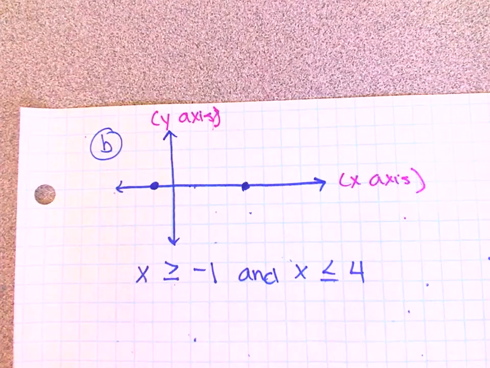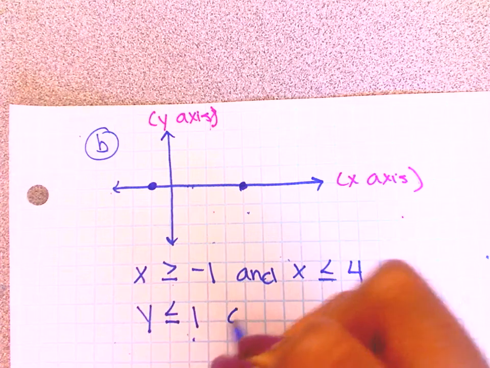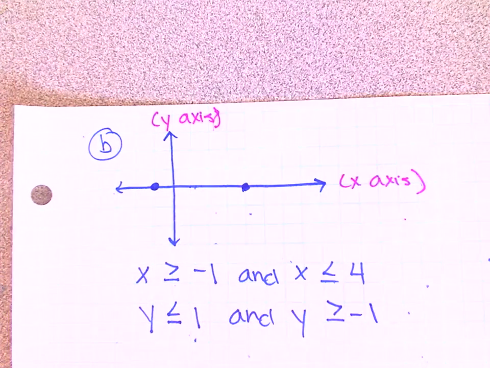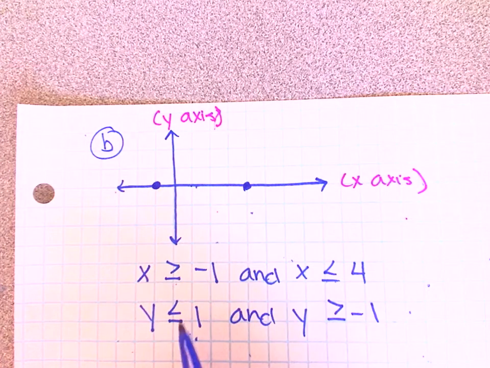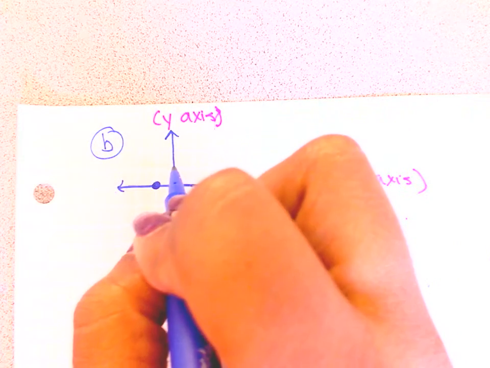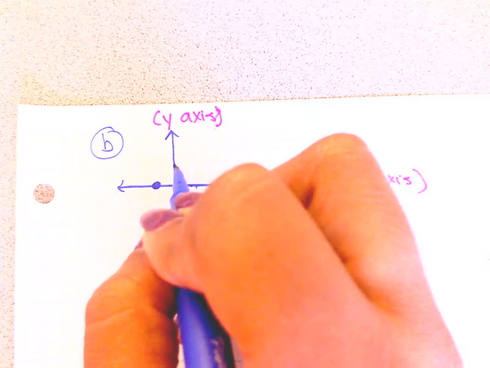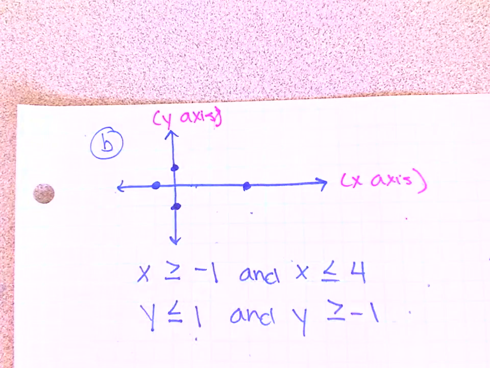They also tell me that y is less than or equal to 1 and that y is greater than or equal to negative 1. So now I'm going to go to my y-axis, my vertical. Less than or equal to 1, that's right here. And negative 1, that's right here.